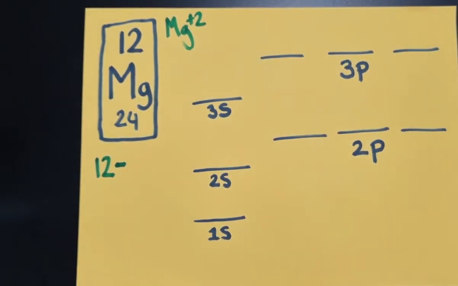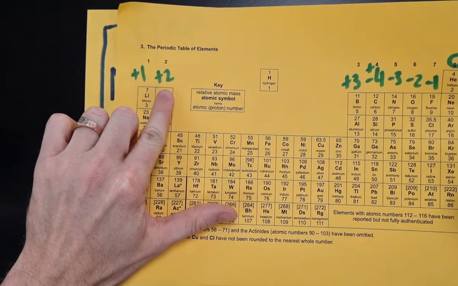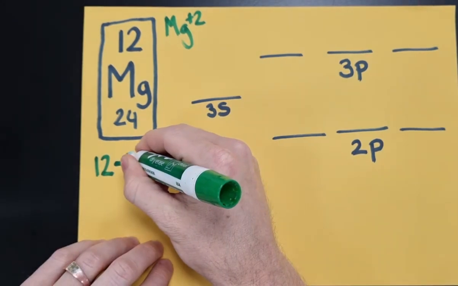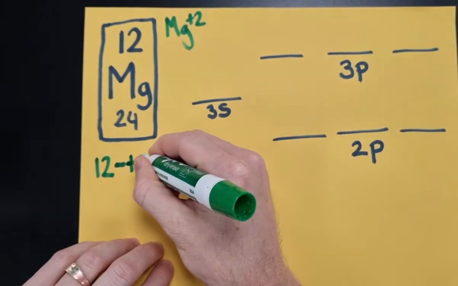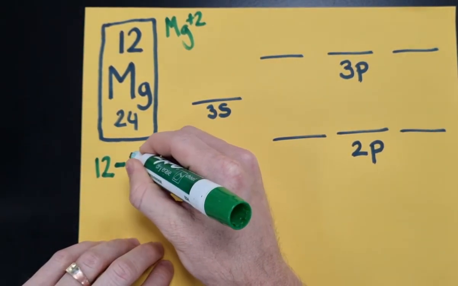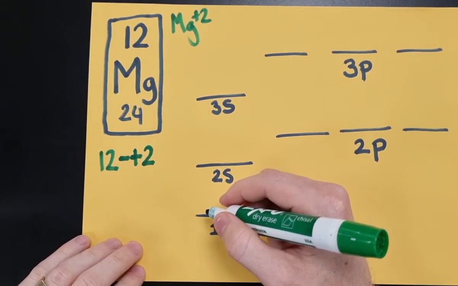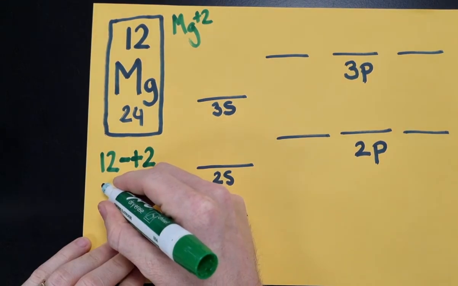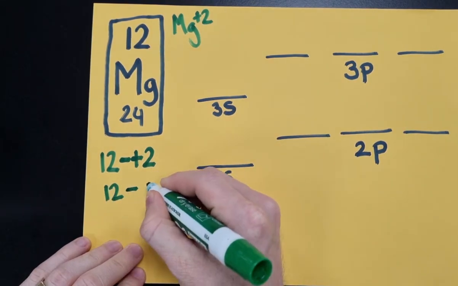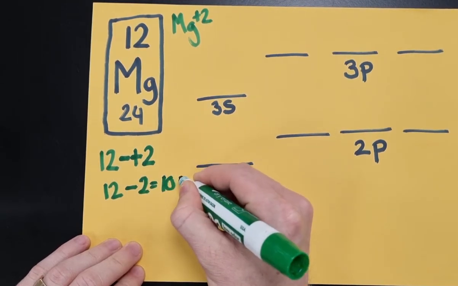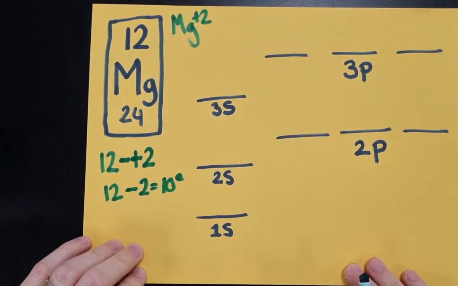We know that because we've looked at our periodic table. Feel free to put it in the brackets, but a positive and a negative make a negative. And so we end up with 12 minus 2, which equals 10 electrons.